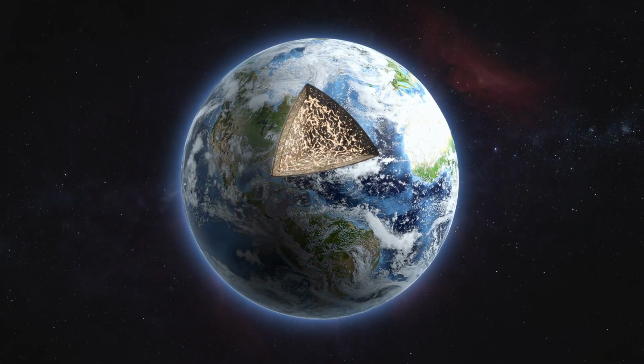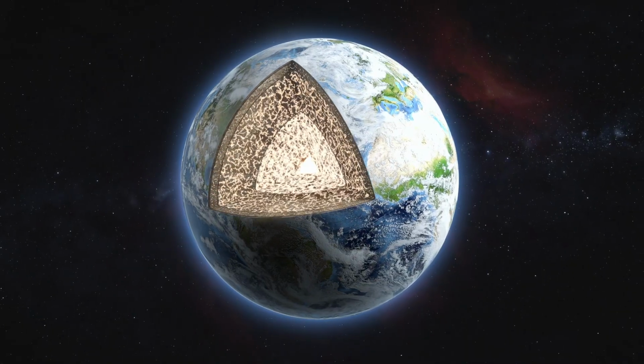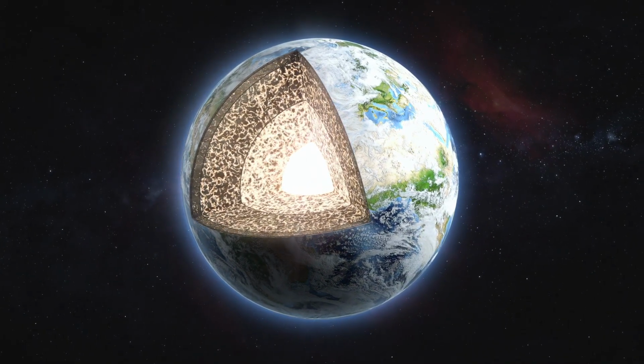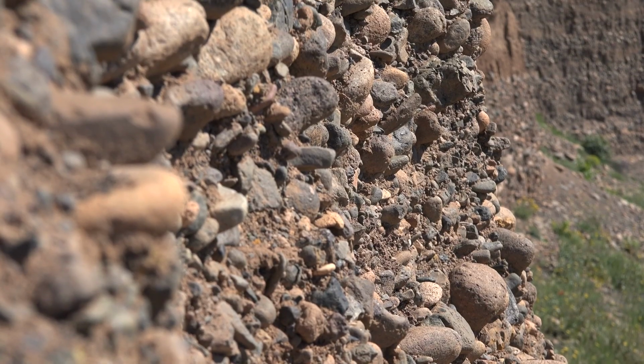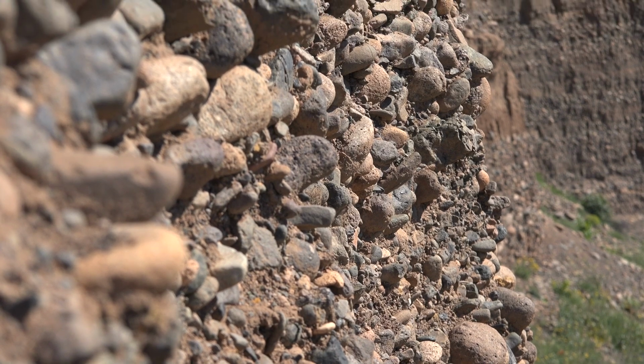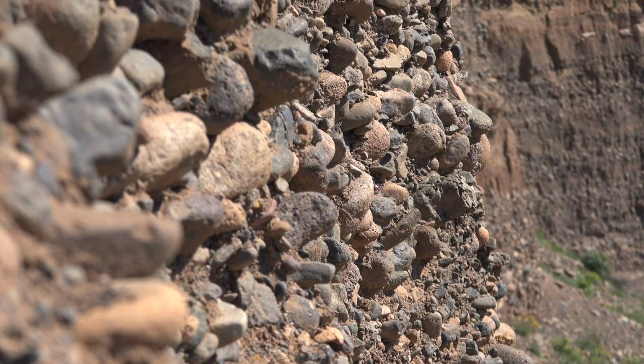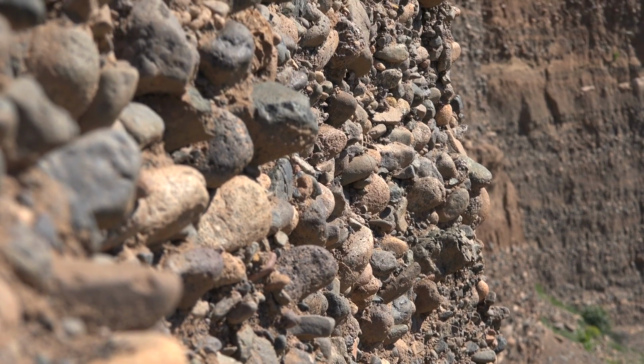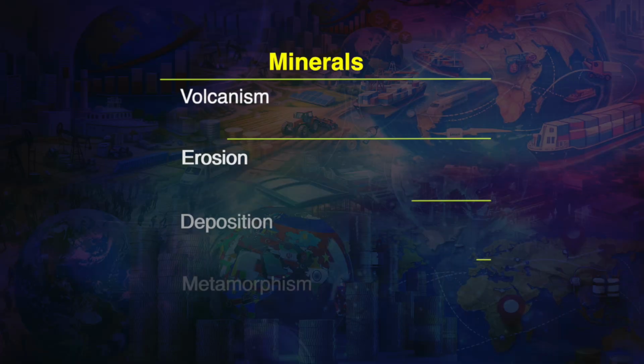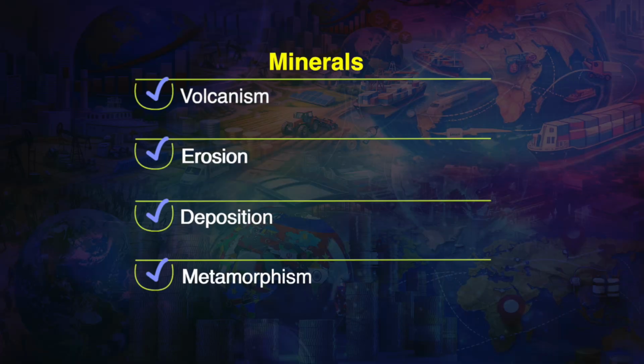The mineral processes of the earth's crust determine the presence and the difference in minerals. Minerals are universally found in connection with the rocks that are composed of minerals through geological processes such as volcanism, erosion, deposition, and metamorphism, among others.